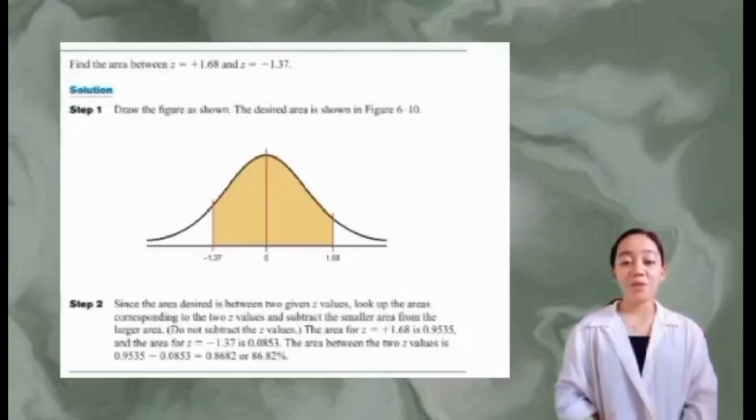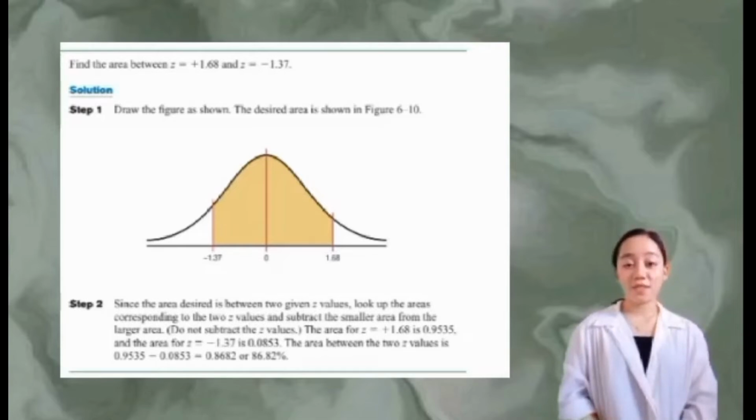Case 3. Between any two z values, look up both z values and subtract the corresponding areas. Example for case 3. Find the area between z equal to positive 1.68 and z equal to negative 1.37. Since the area desired is between two given z values, look up the areas corresponding to the two z values and subtract the smaller area from the larger area.